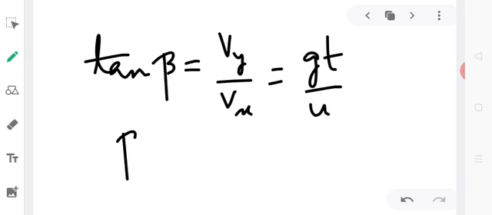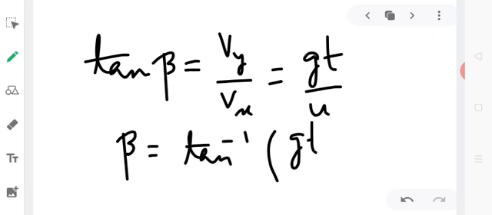So we will get beta equal to tan inverse gt by u.